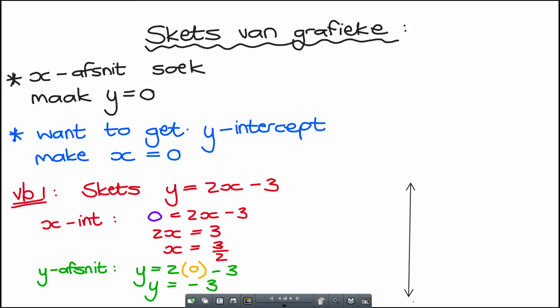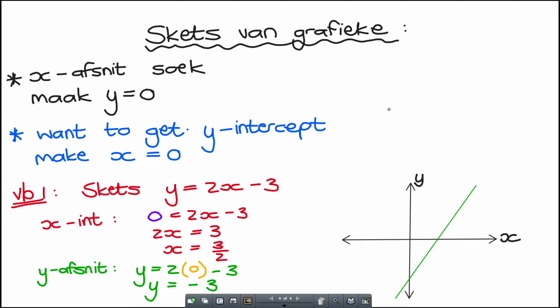So hy gaan so lyk. This is my x-axis, that's my y-axis. Goed, so hy gaan, ek het gesien mooi op skaal geteken nie, maar toe maar.